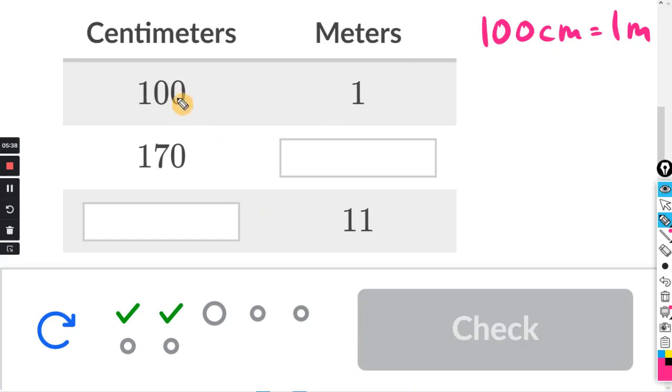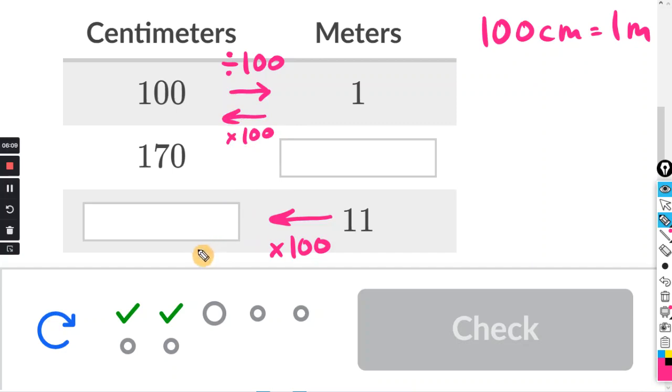If we go from centimeters to meters, clearly we are just dividing by 100. But if you go the other way, from meters to centimeters, you're going to have to multiply by 100. So if you go from 1 to 100, you multiply by 100.